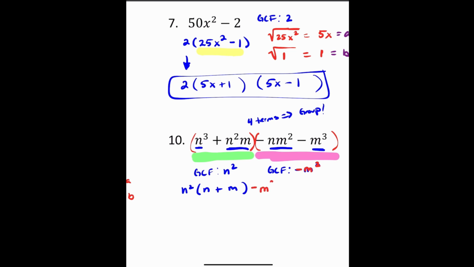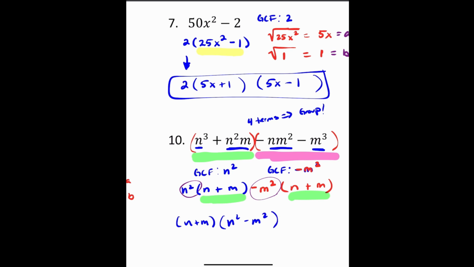So negative m to the second power. And then you're going to get n plus m. And we're going to factor again because there's an n plus m here and an n plus m there. So n plus m times my leftovers, which are n squared minus m squared.